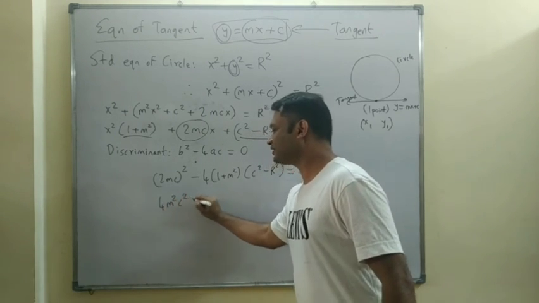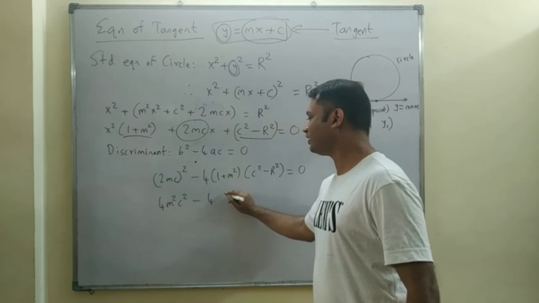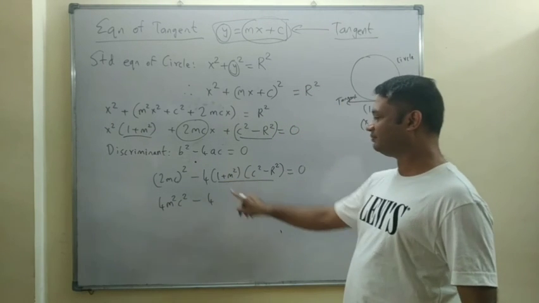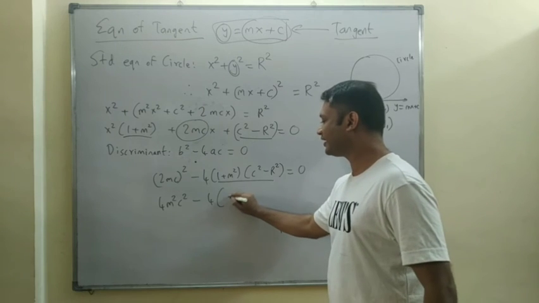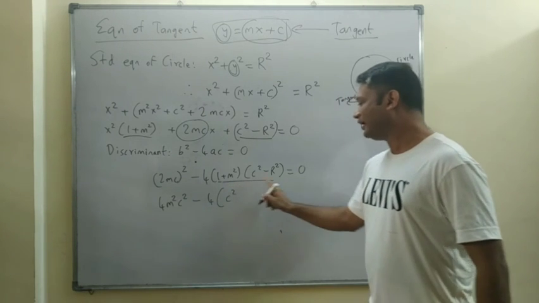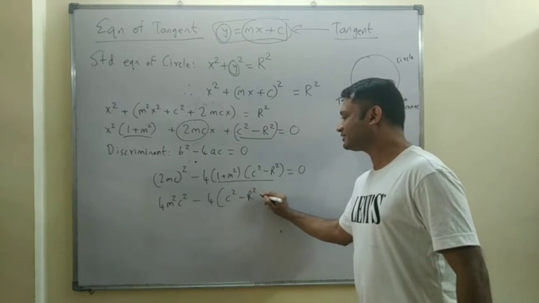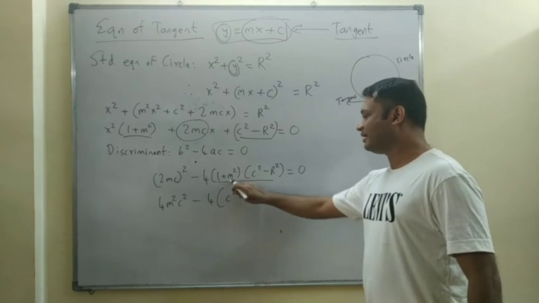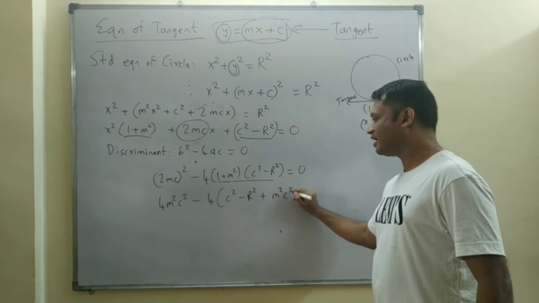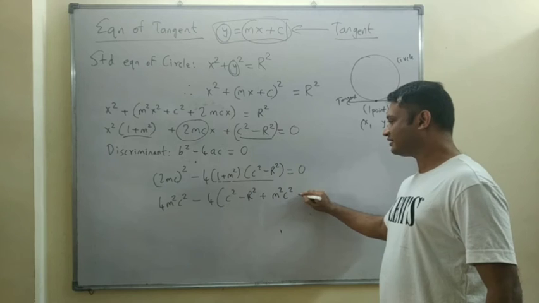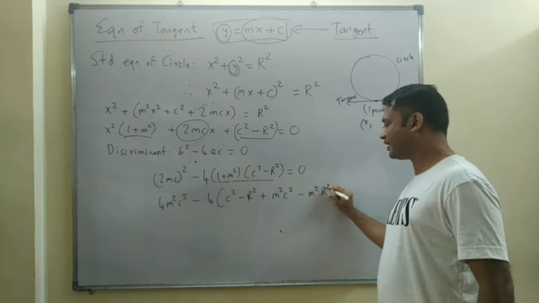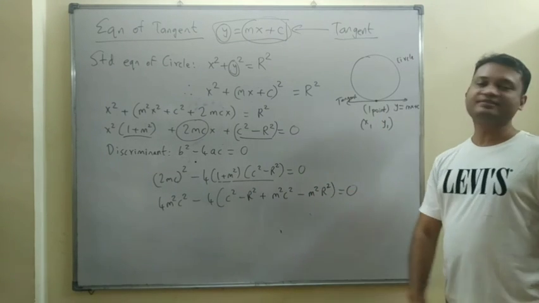So 4m square c square minus 4 into, let us multiply these two terms: 1 into c square is c square, 1 into r square is minus r square, plus m square c square, plus m square into minus r square is minus m square r square, that equals 0.